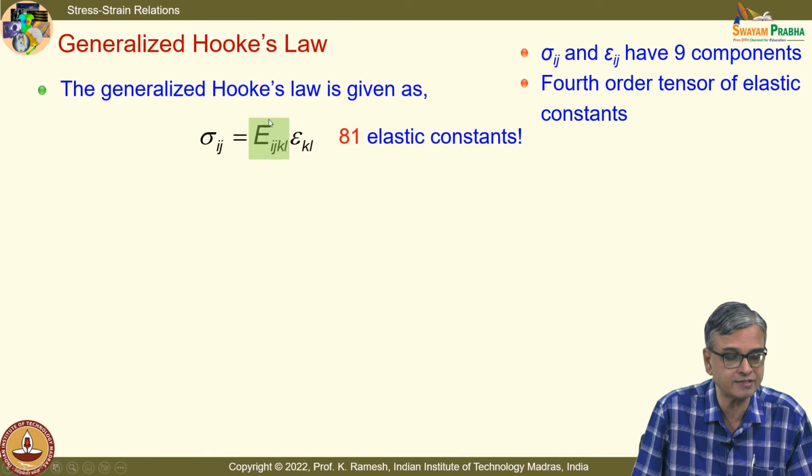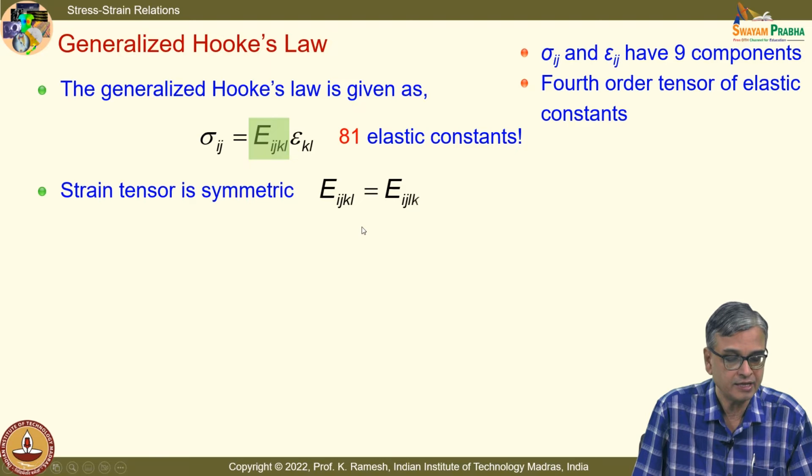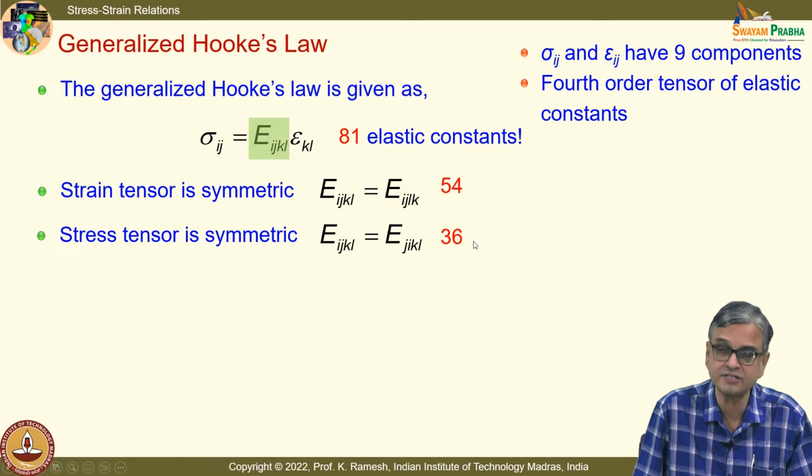This is known as elasticity tensor, it is a tensor of rank 4. You may think that you will require 81 elastic constants, but if you look at strain tensor is symmetric, this reduces to 54 elastic constants. If you say stress tensor is symmetric, then it reduces to 36 elastic constants.